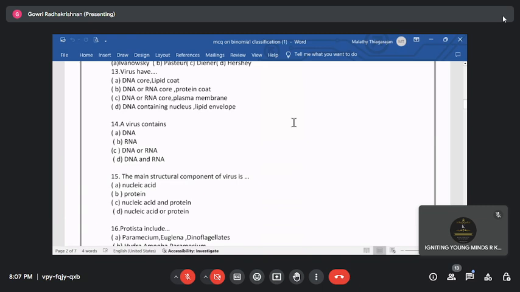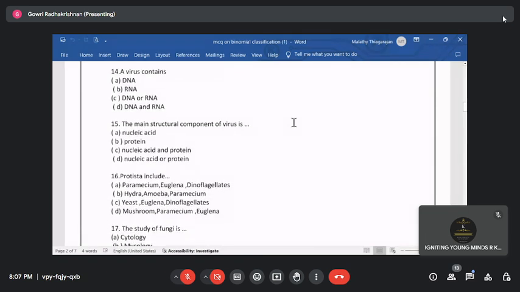That's the difference between viroids and viruses. Viroids don't have a protein coat, and they have just RNA. A virus has DNA or RNA, depending on the virus, and it definitely has a protein coat. The second difference is that viroids act as pathogens particularly for plants.